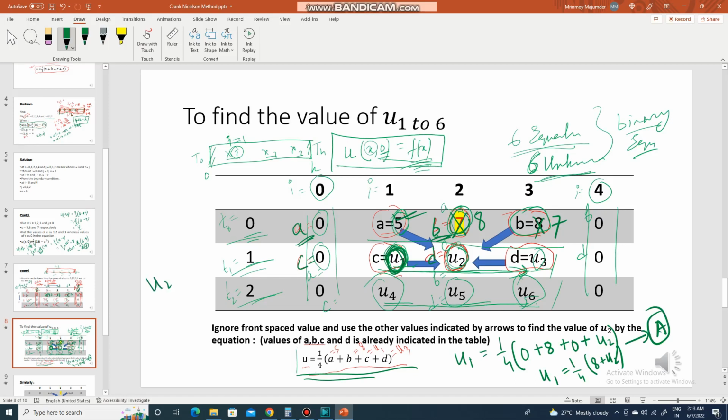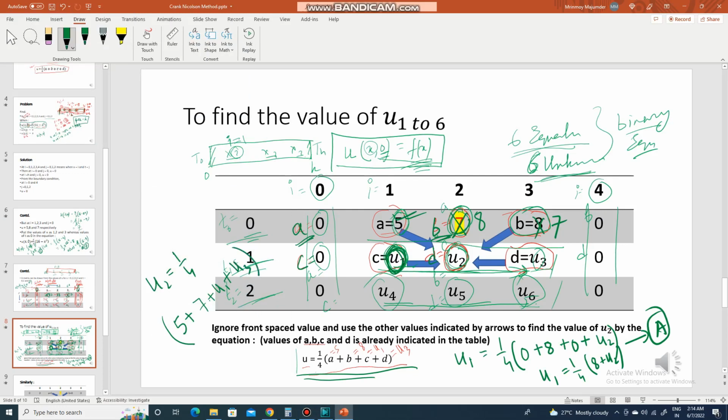Now for u2, what happens? This is 1 by 4. Here A is equal to 5, plus this B is equal to 7, C is equal to 1, plus D. D is equal to U3.